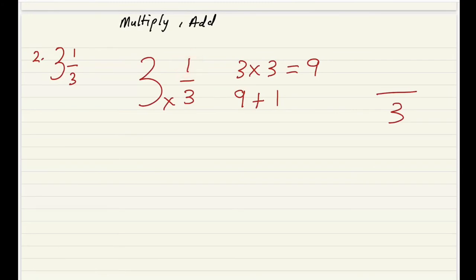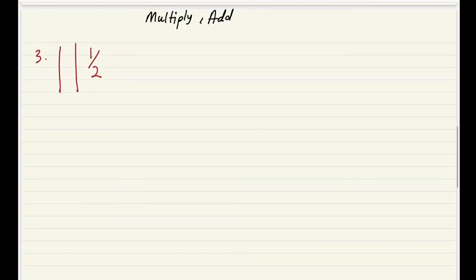So 9 plus 1 is 10. This is all we need. So this 10 is going to go here. So your answer then becomes 10 over 3. Simple as that. Let's move on to the next question.